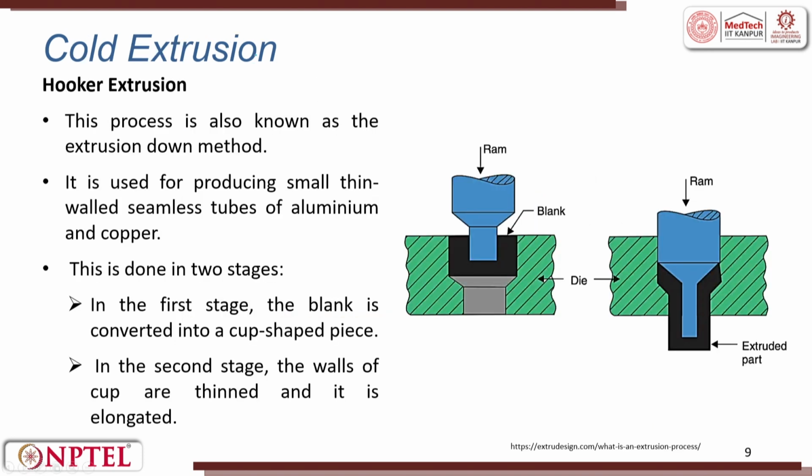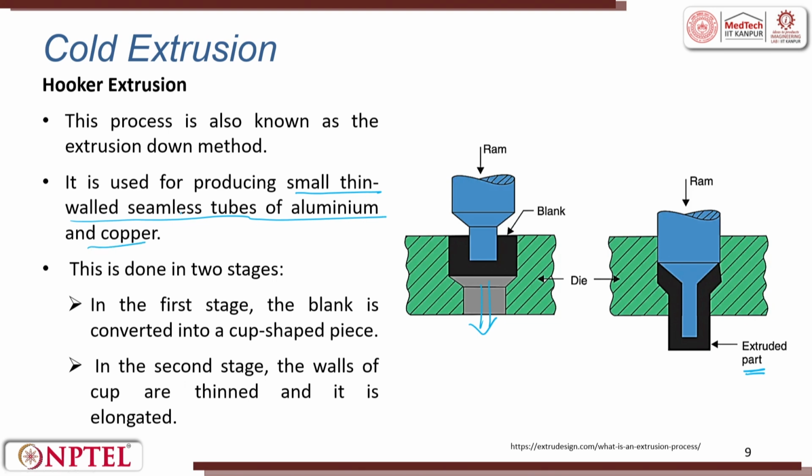Cold extrusion. This process is also known as the extrusion down method. You have a blank which is kept and there is a ram which pushes it, and then you try to get it through the orifice. This will be the extruded part. It is used for producing small thin walled seamless tubes of aluminum and copper.